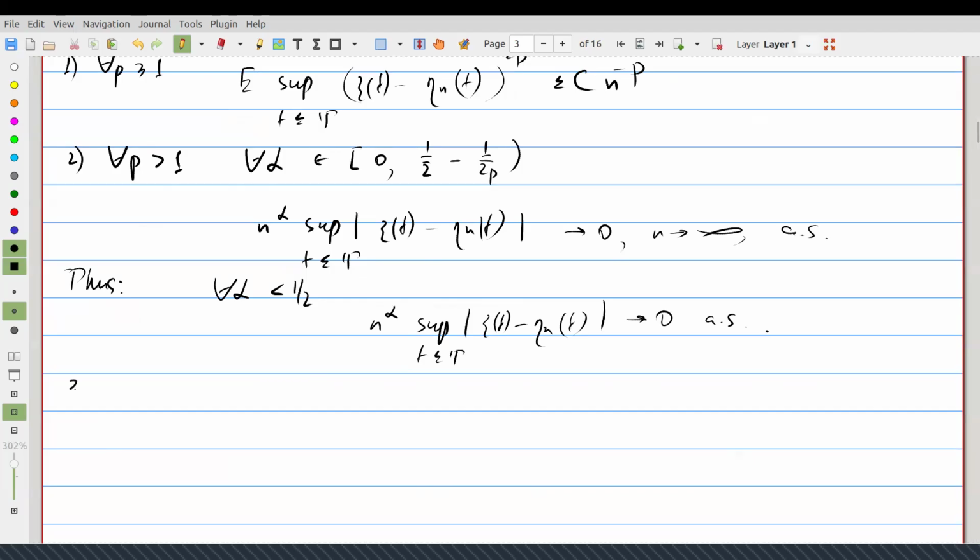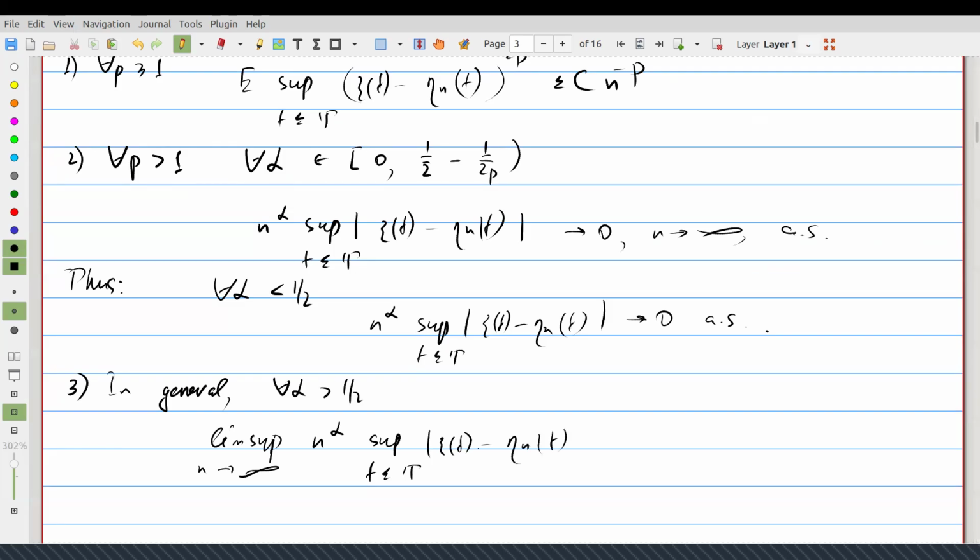The third part, so in general, for any alpha greater than 1/2, n to the alpha limit superior when n goes to infinity, again, of this difference goes to infinity almost surely.